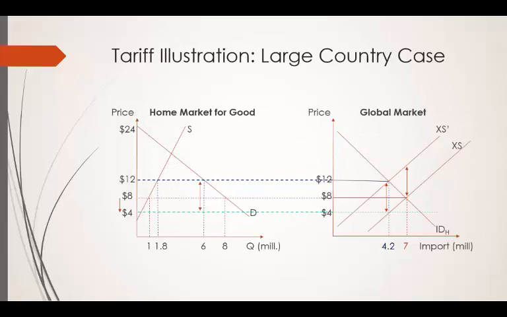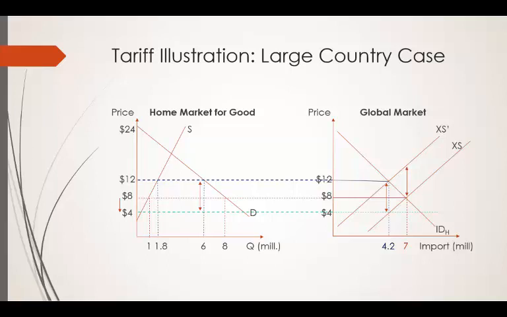As shown, under free trade, at the price of $8 per unit, imports into the large country are 7 million. However, with the tariff of $8 per unit, the home price of the good now rises to $12 per unit. The natural question is, why not $16 per unit? The reason for this change is due to the large country effect.